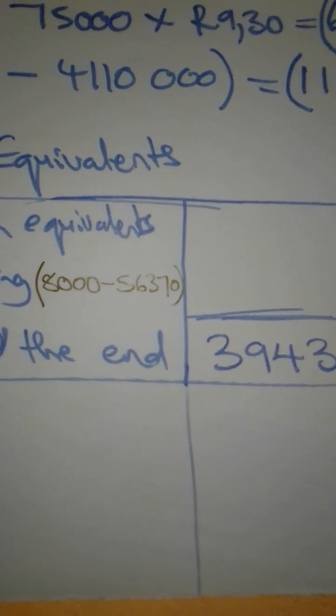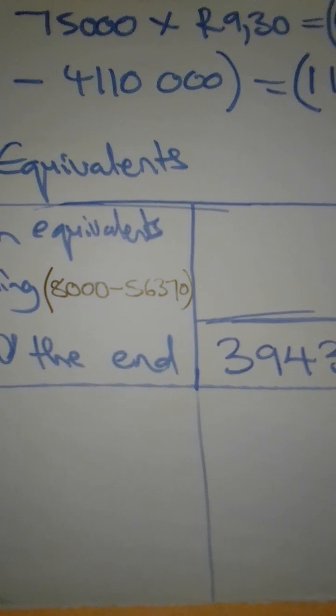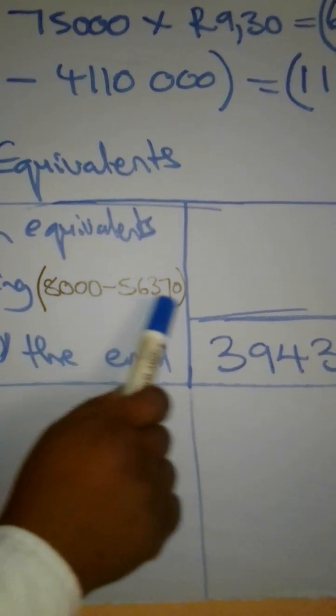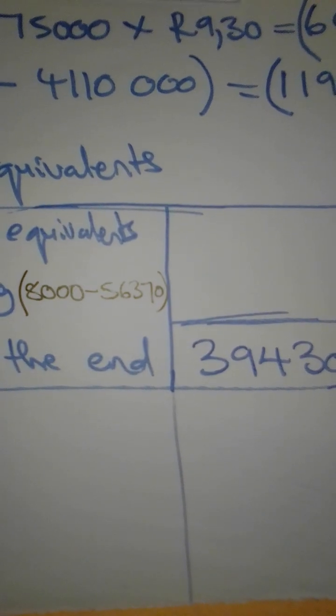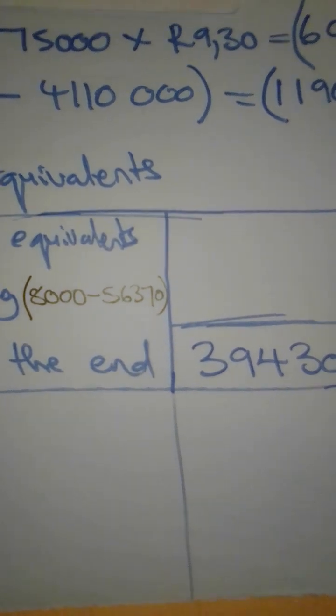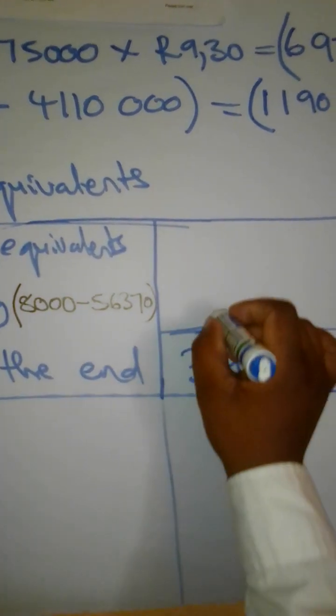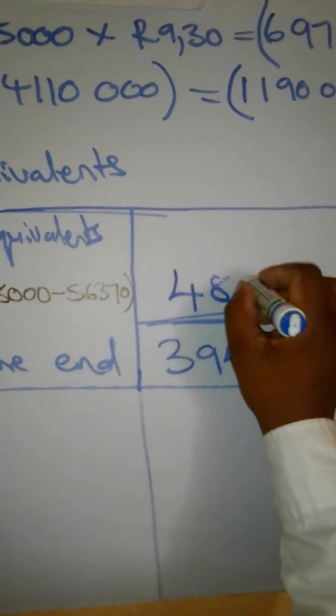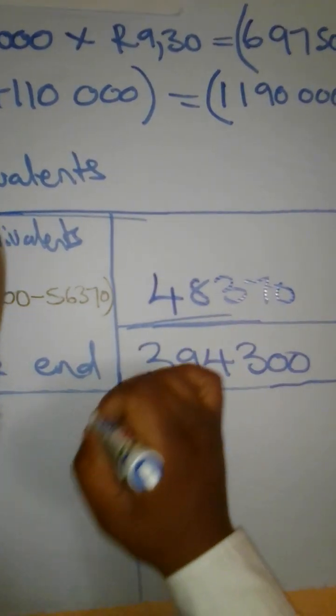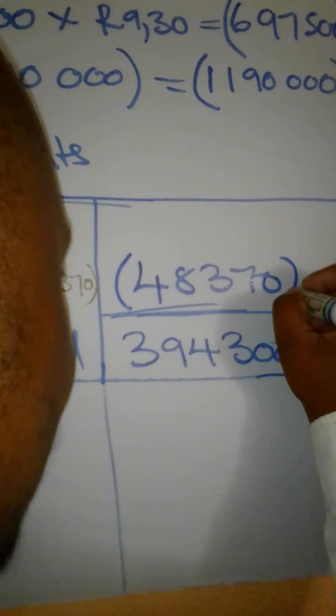That is the adjustment for the opening balance. And so when you say 8,000 minus 56,370, you are going to remain with 48,370. It's a negative amount.